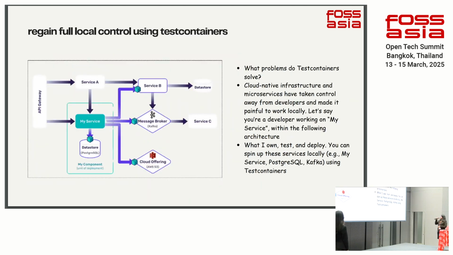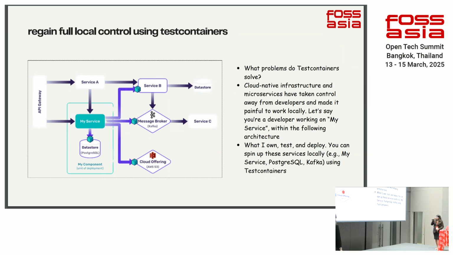Yeah, so the next slide is: what problems do Testcontainers actually solve, right? We have a cloud native infrastructure and microservices in our code base. For example, I have my service running and it's connected to a data store, and then we have API gateways which are connected to different services, and we have our message broker Kafka, where the producers receive the data and it is consumed by a different service, and then it pushes to the cloud.